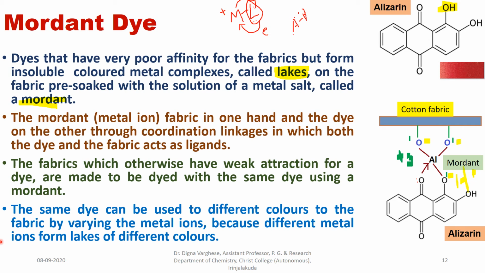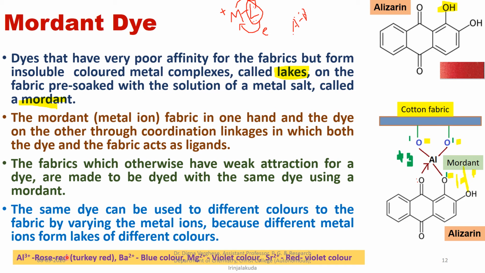The same dye can give different colors to the fabric by varying the metal ions. If the aluminium is replaced by another metal ion, the color will be different. Here the color of the material is red, because different metal ions form different lakes of different colors. Lakes are the insoluble colored metal complexes formed with the dye.